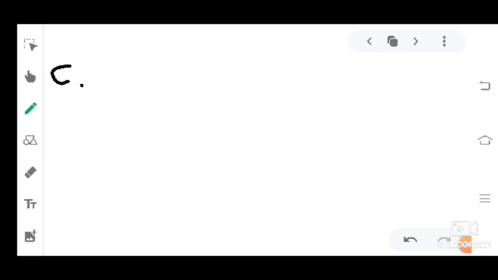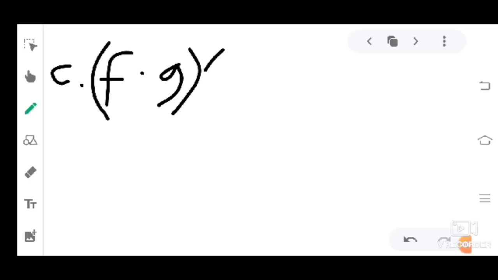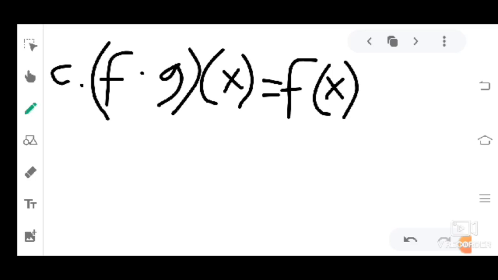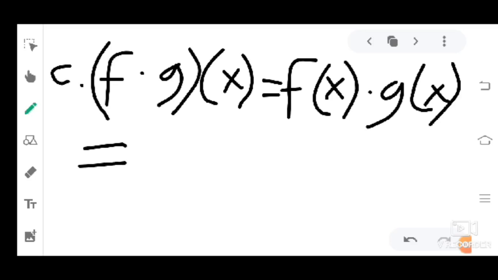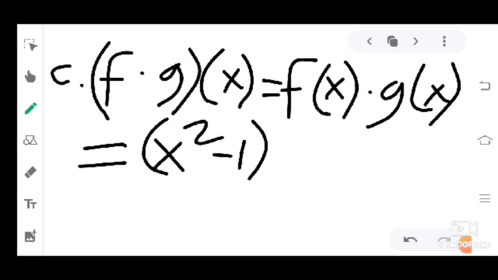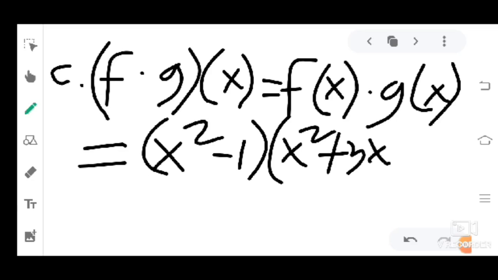For letter C, we are asked to find f times g of x, and this is just equal to f of x times g of x. From the given, f of x is equal to x squared minus 1, while g of x is x squared plus 3x plus 2.